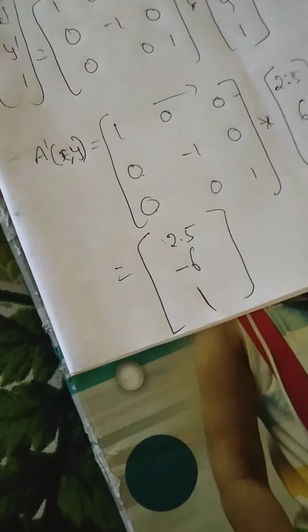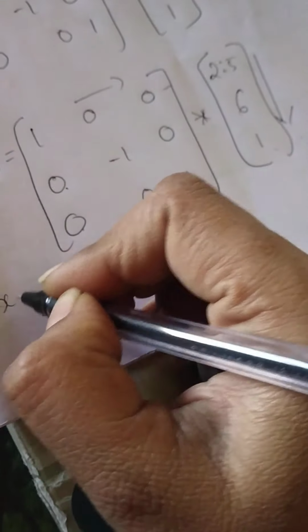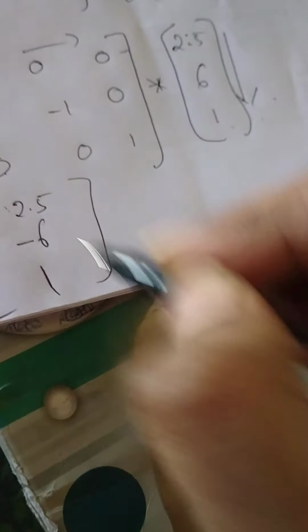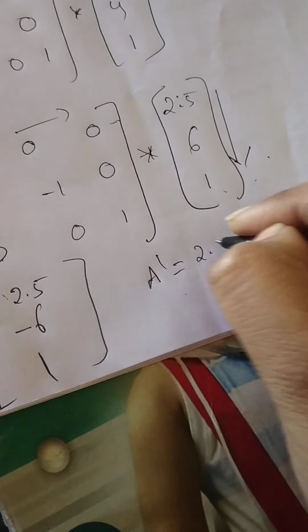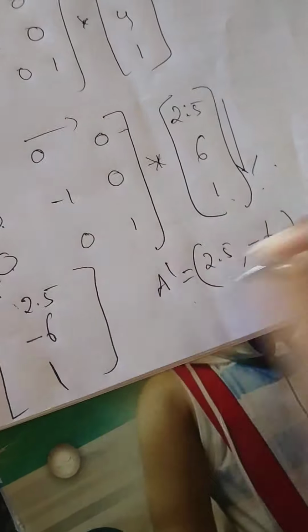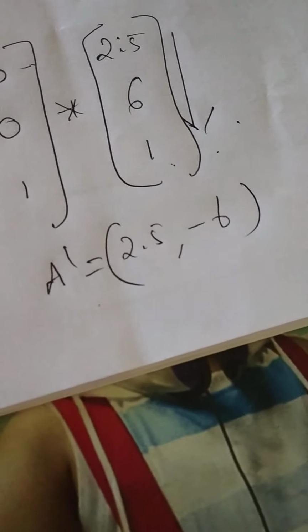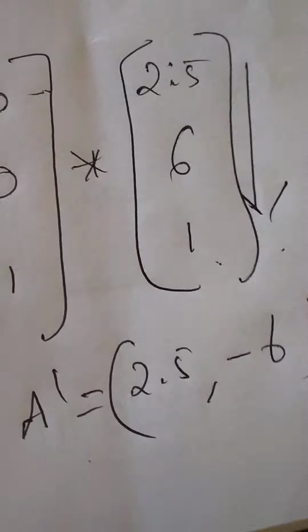So you get this as the final matrix. So your x dash y dash 1 is this. So your A dash will become 2.5 minus 6. Are you getting this? Our A was 2.5 6, our A dash is 2.5 minus 6.